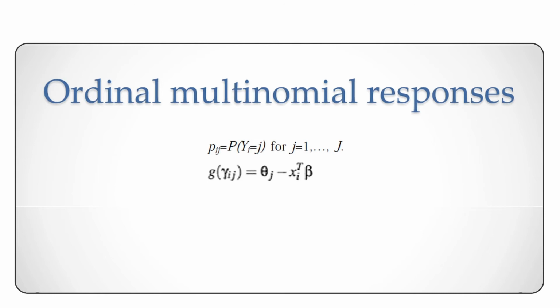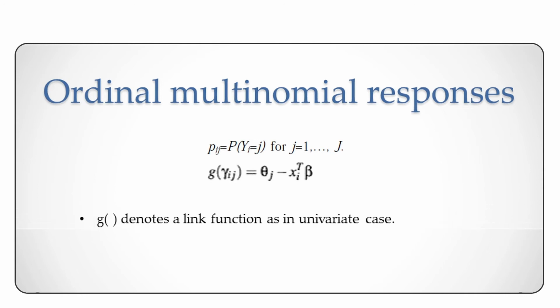Because the categories can be ordered, it is possible to define cumulative probabilities gamma ij, which in this case denotes the probability of yi less than or equal to j, and rather than model the Pij's, we shall choose to model the gamma ij's. So g of gamma ij is equal to theta j minus xi prime beta.